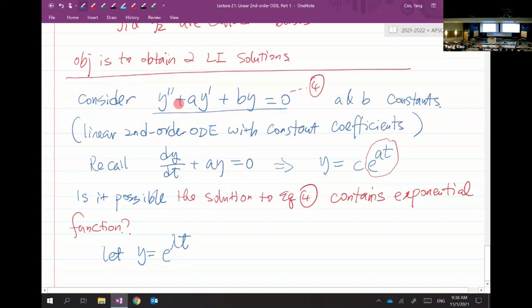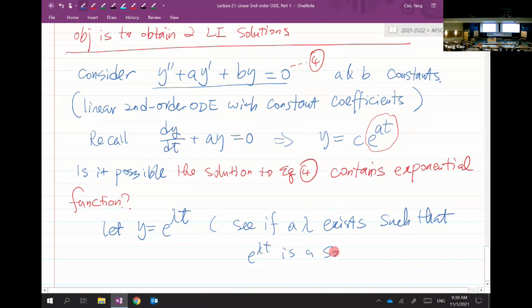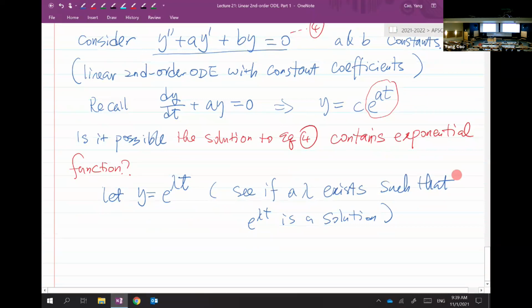We want to show whether that is possible or not. So basically, you are trying to see if a lambda exists such that e to the power lambda t is a solution. Here's the logic. We don't know that, so we have to find it out.